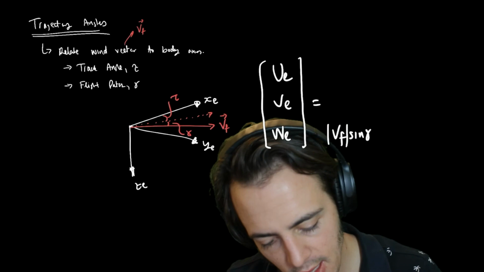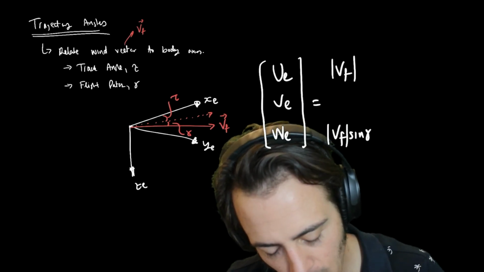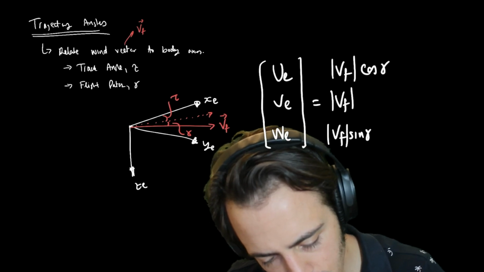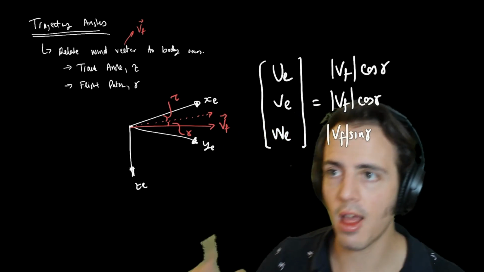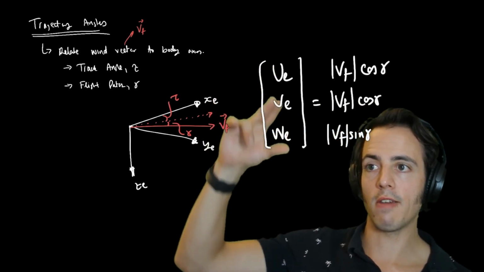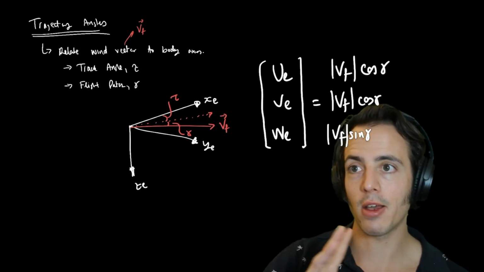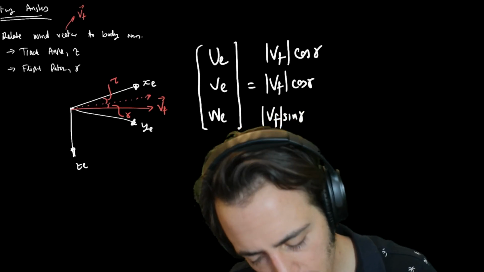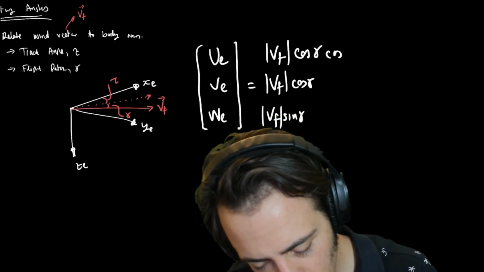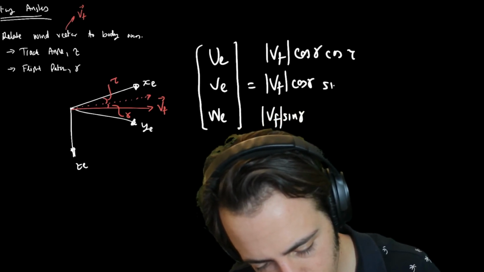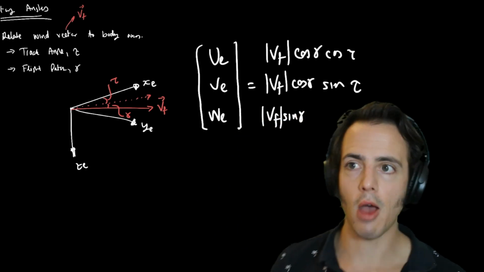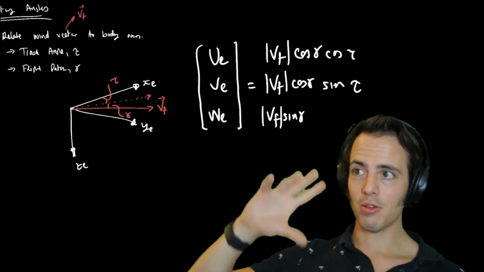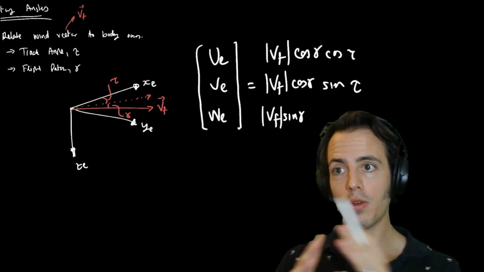The cosine of the flight path angle appears in these two, much like we see in U and V with the aerodynamic angles, where we see the cosine of the side slip angle. And so in these, I'm then going to see cosine tau, sine tau.